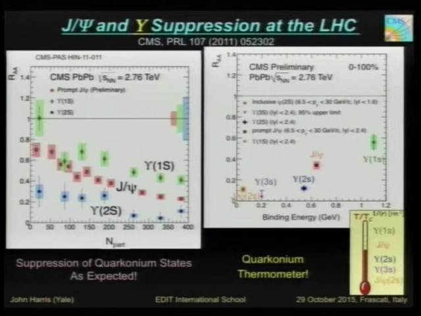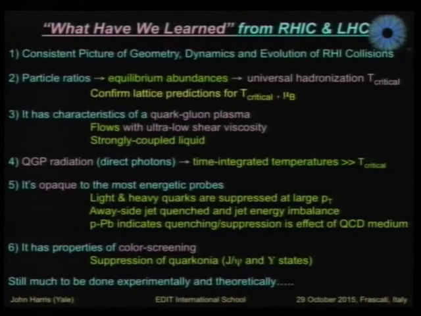I remind you of this thermometer. If they integrate over all their data, they plot the upsilon 1s, the J psi, the upsilon 2s, 3s versus binding energy for each of these, and the J psi 2s is the most suppressed, which would be the lowest temperature. So they see this ordering, which gives credence to the color screening in the medium of these heavy quark-antiquark states.